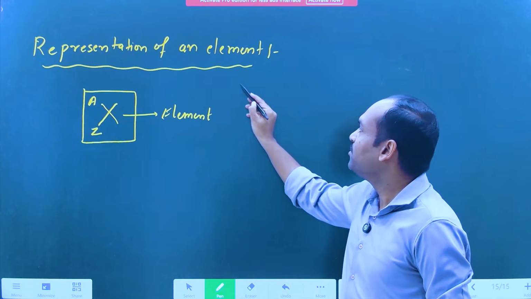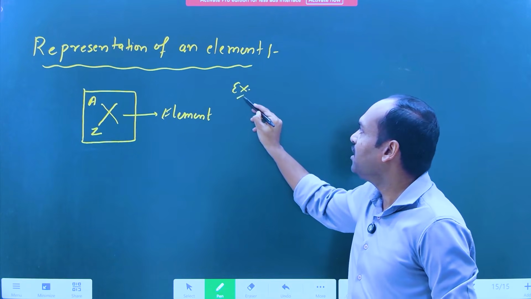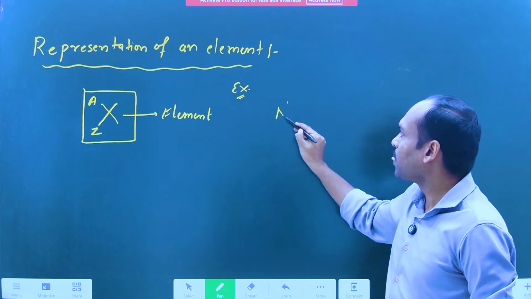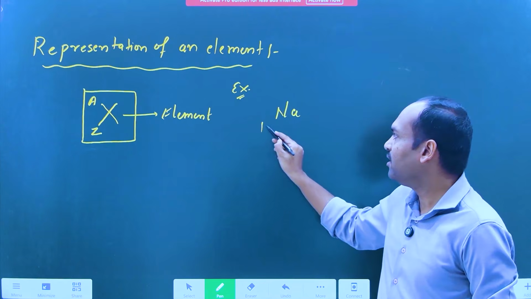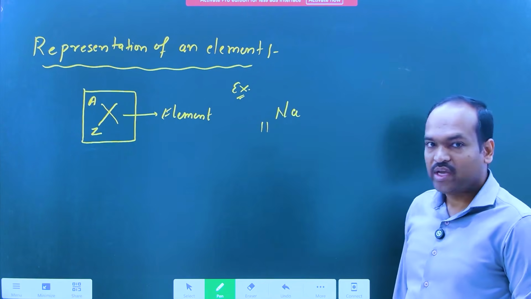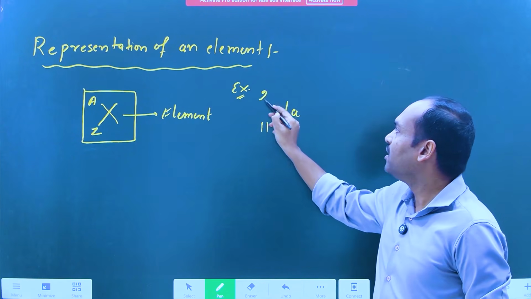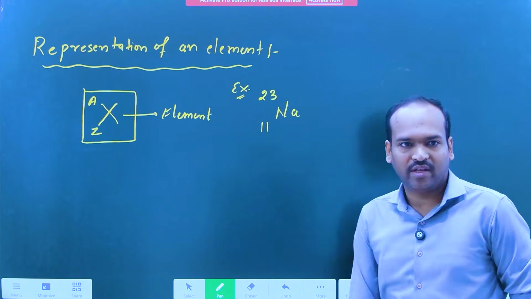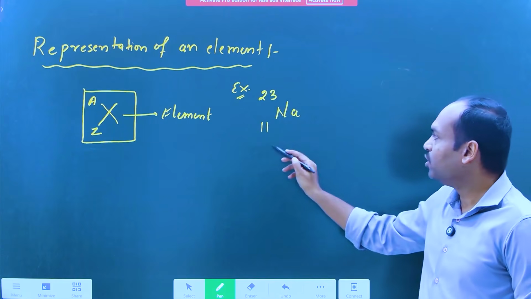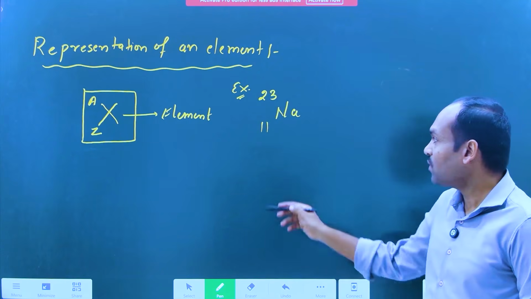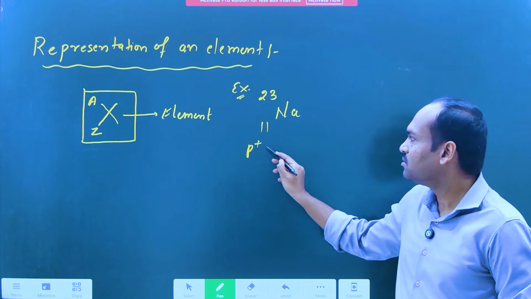Suppose I am writing an element, for example sodium. Sodium's atomic number is 11, and the mass number is 23. So for a sodium atom, what is the number of protons?